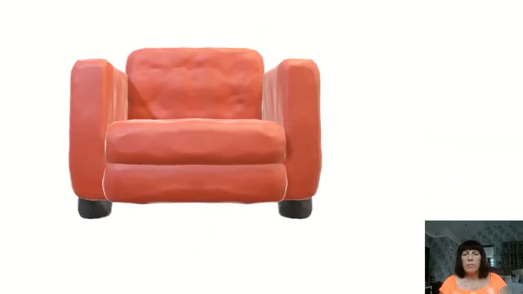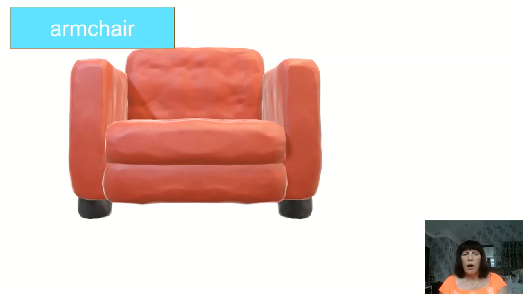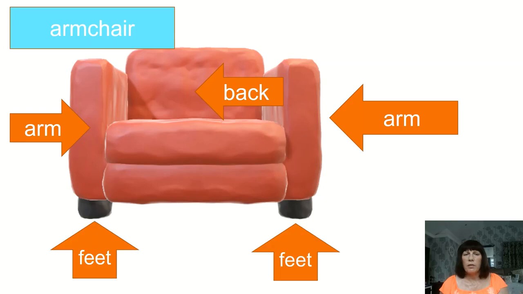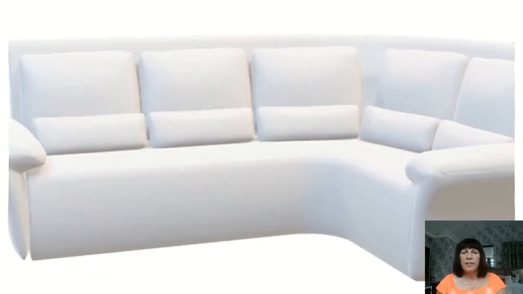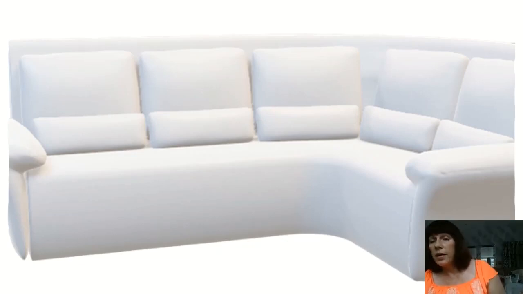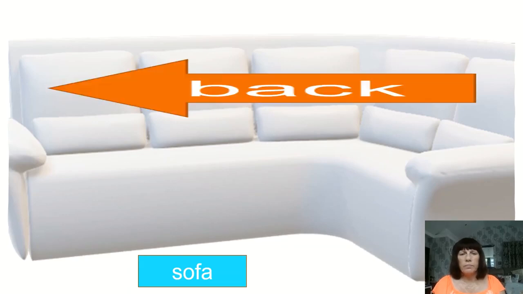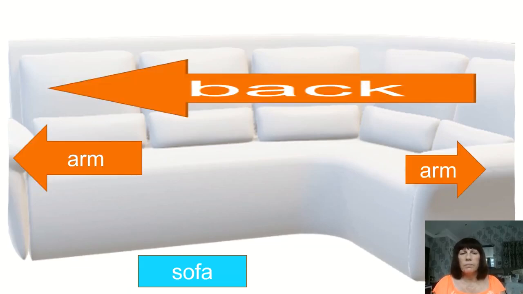This, remember, yes, it's an armchair. So, armchair. This is the back of the armchair, the arms of the armchair, the feet of the armchair, the seat, and the base. So this, can you remember? Yes, it's a sofa. This is the back. 2 arms.